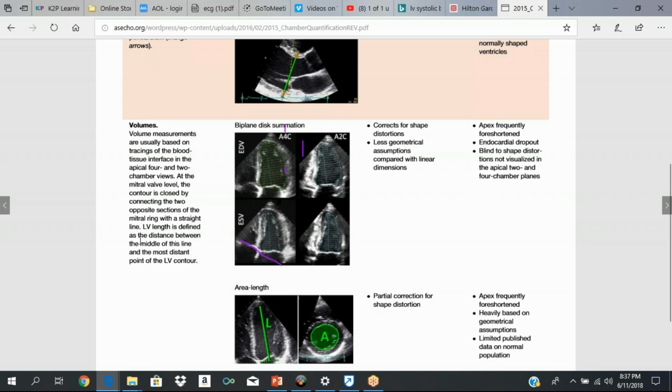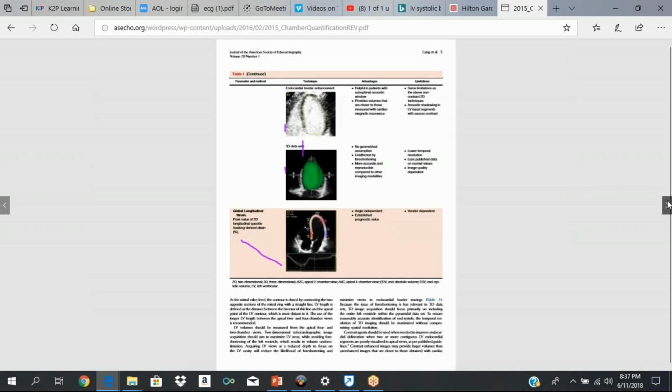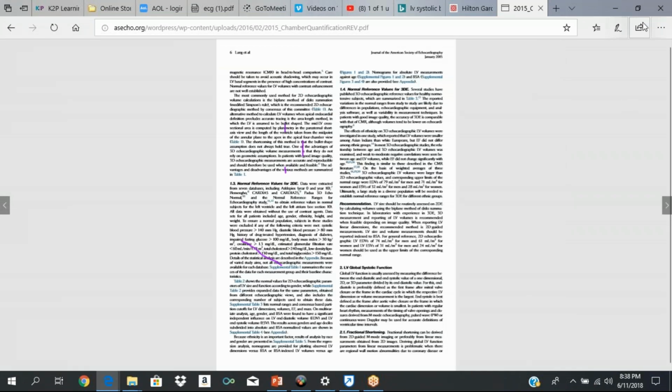LV length is defined as the distance between the middle of this line and the most distal point of the LV contour. Once you do this, the computer will give you the ejection fraction. You don't have to do anything else. We are not going to teach strain or strain rate at the present time.